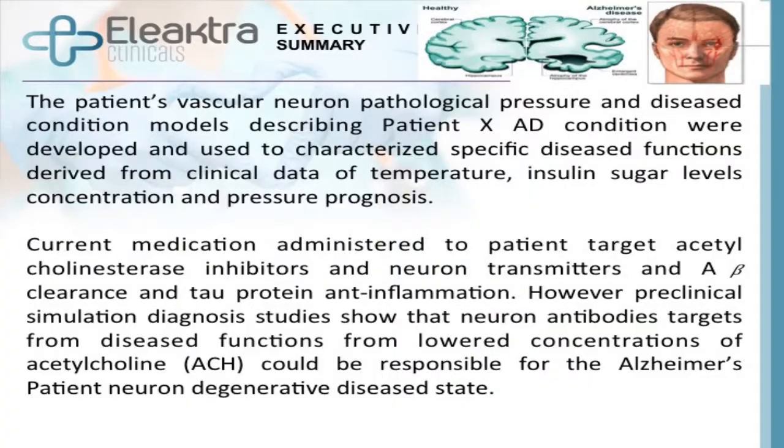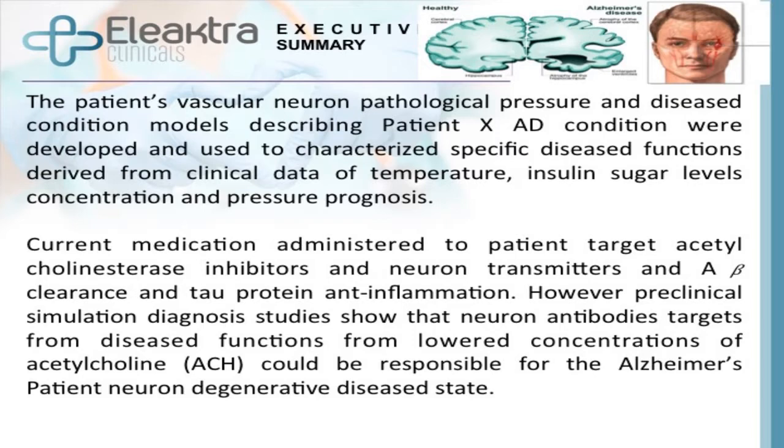Now, the patient's vascular neuropathological pressure and disease models describing Patient X's AD condition were developed and used to characterize specific disease functions derived from clinical data of temperature, insulin, sugar levels, concentration, and pressure prognosis.